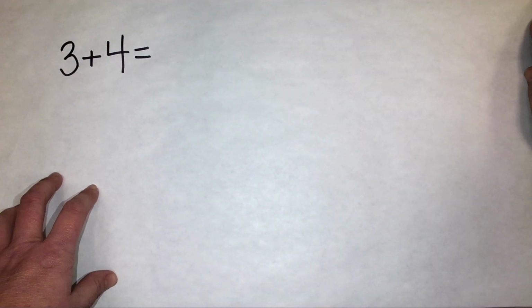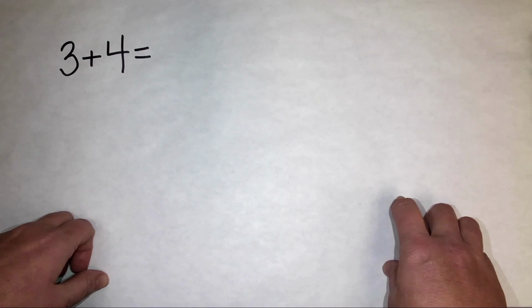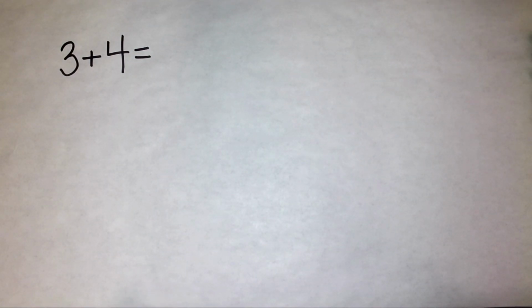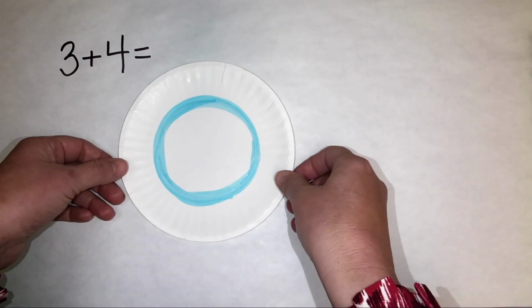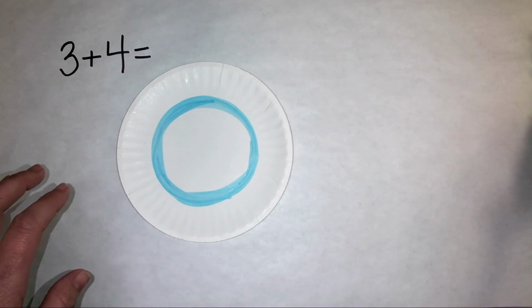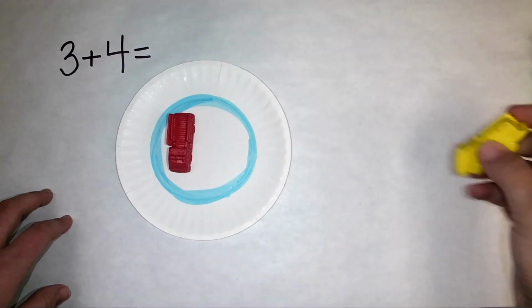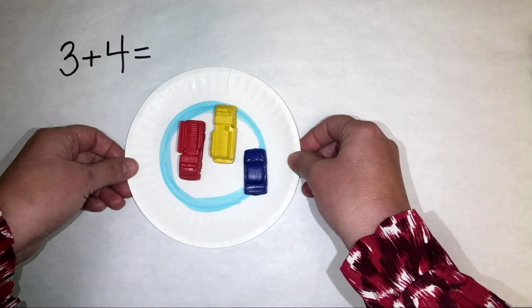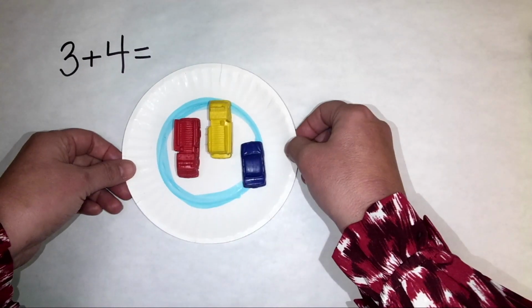Now that's going to be different than our join interpretation. And with the join interpretation, I imagine that I have a set of objects. I'm going to go ahead and get out a paper plate here to show a set, all right? So I'm going to put 3 on that set. Now it's a single set, and now I'm going to add to this set.